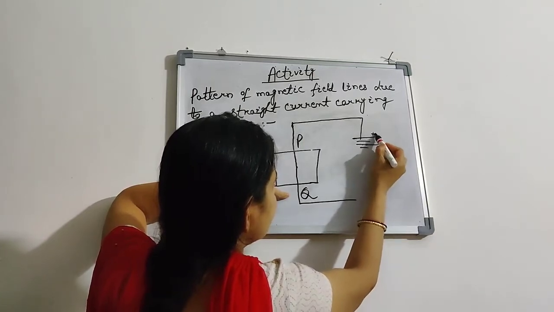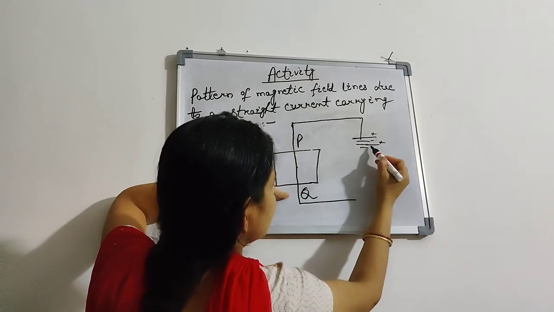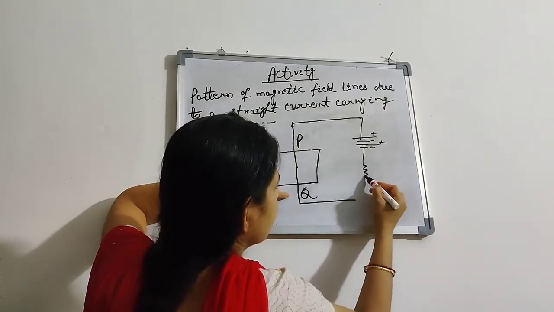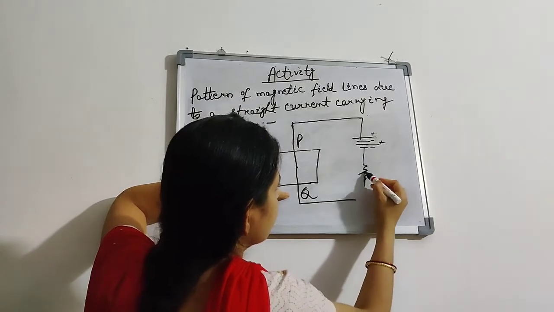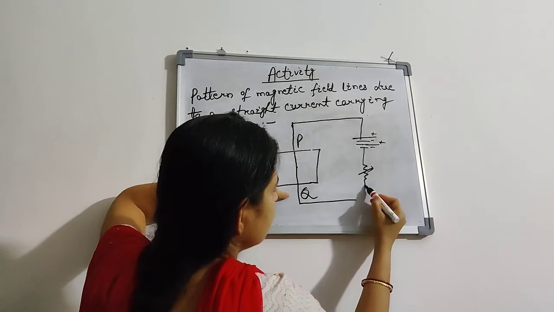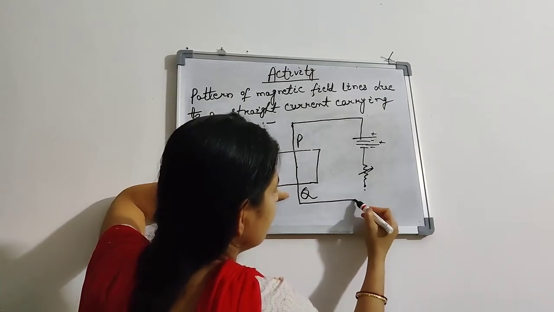This is your positive terminal, negative, positive, negative. This is your rheostat, and this is your key or switch.